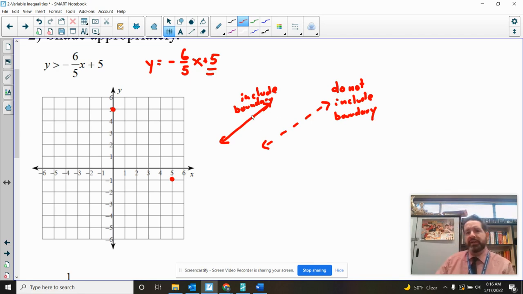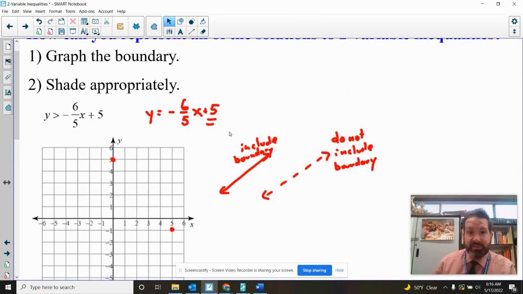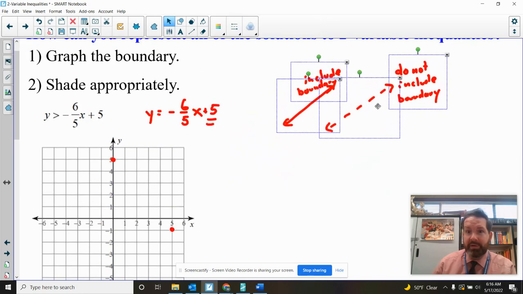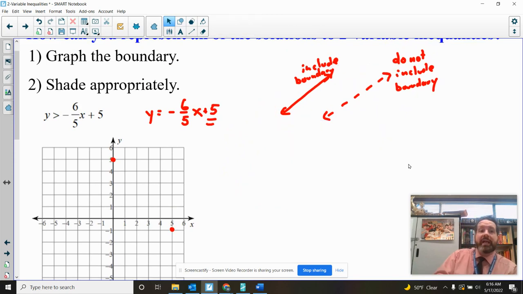Think of it as the difference between a fence that is kind of part of the structure and a fence that you don't want to touch. That's kind of the difference there. Here's how you tell. I'm going to just move these words up over here to the side. The way you tell is you now go back and look at the inequality itself.